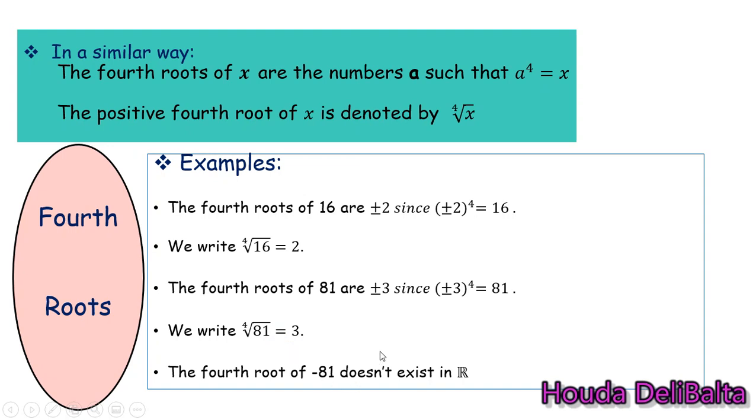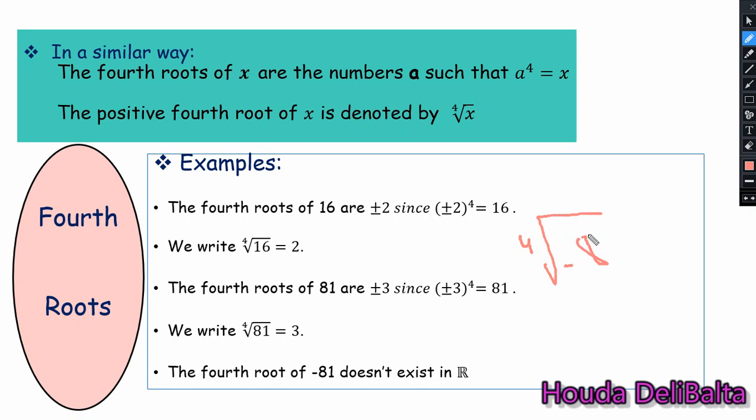Why? Because I cannot find a number that when multiplied by itself 4 times gives a negative number, because every time I multiply, if I multiply negative signs in pairs, I will get a positive number. So I cannot write fourth root of minus 81.